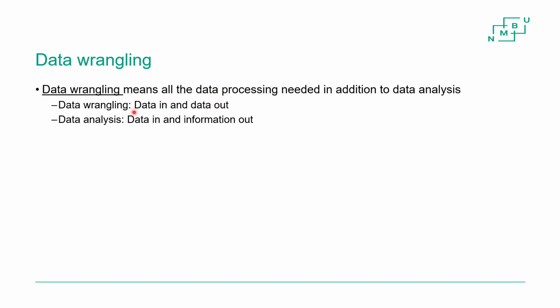And so all kinds of shuffling, reordering and stuff that you do with your data is data wrangling. Data analysis, that's also data in, but it's not data out, it's information out. You make some conclusions, right? You get some information from your data. Then you do data analysis. This course will be on the latter, data analysis.